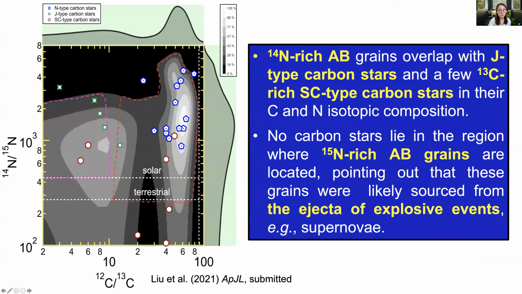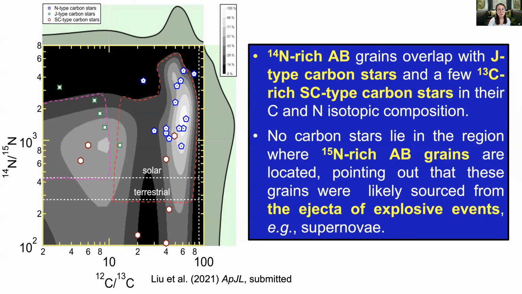And our proposal in the 2018 paper is also supported by spectroscopic observations of carbon stars because we see there's no carbon star lying in the region where nitrogen-15 rich AB grains are located. And therefore, this suggests that nitrogen-15 rich AB grains are likely to have been sourced from explosive events like the ejecta of type 2 supernovae.